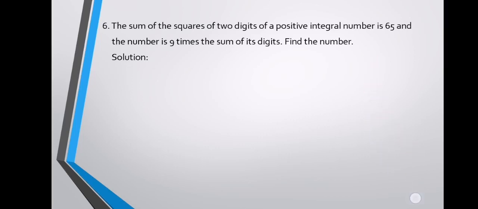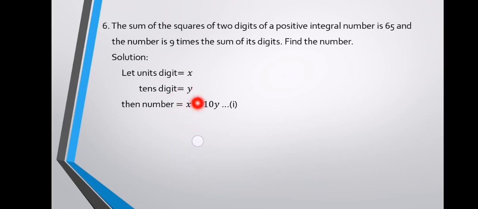So first we are going to let the units digit be equal to x and the tens digit be equal to y. Then the number, as we discussed, will be x plus 10y. We don't know how many units and how many tens we are going to take, since we are going to find out the units digit and the tens digit.